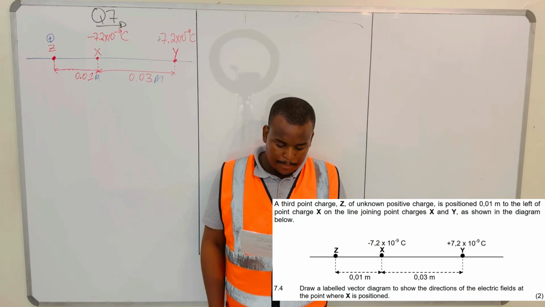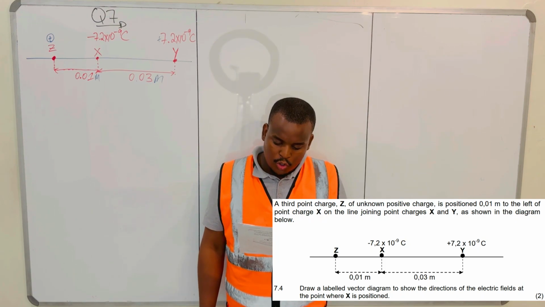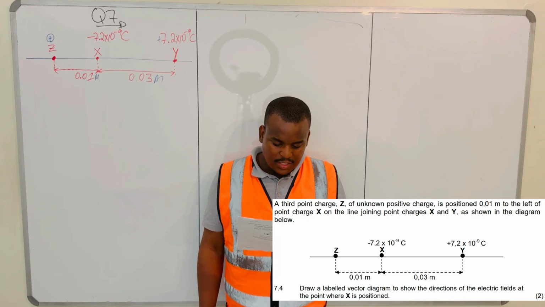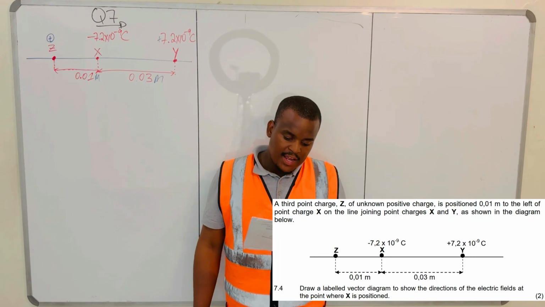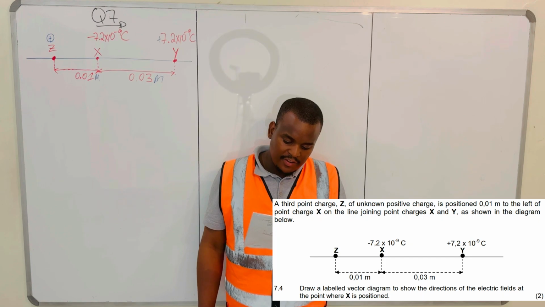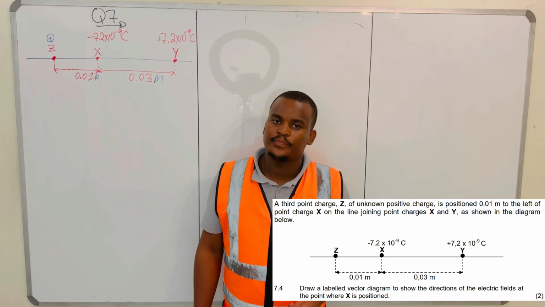7.4 reads as follows: draw a labeled vector diagram to show all the directions of the electric fields at the point where X is positioned. Let me read this again.